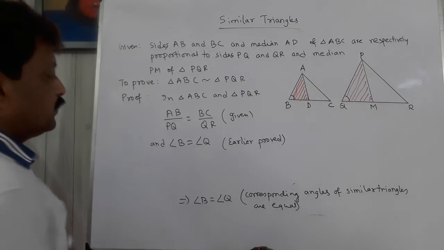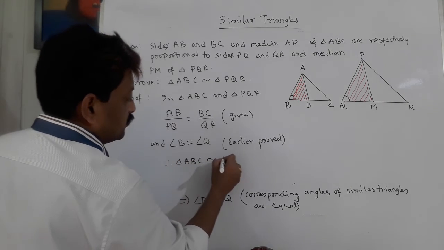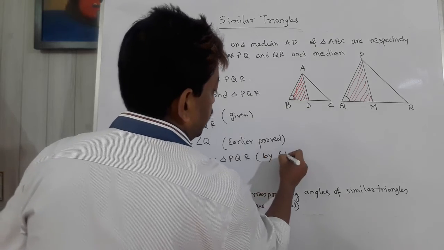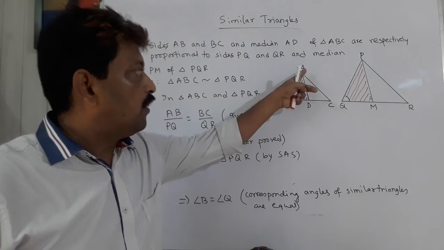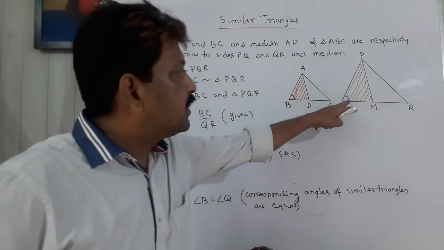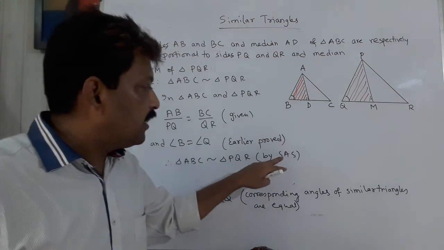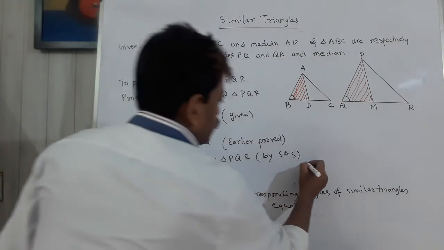These two are earlier proved. Therefore, we can say triangle ABC is similar to triangle PQR by side angle side. Angle B and angle Q are the included angles of sides AB and BC, and PQ and QR, respectively. So that is why the criterion is side angle side. Understood? So this is proved.